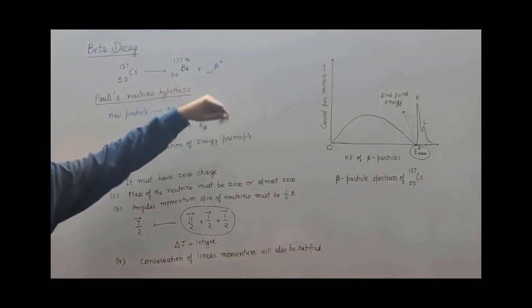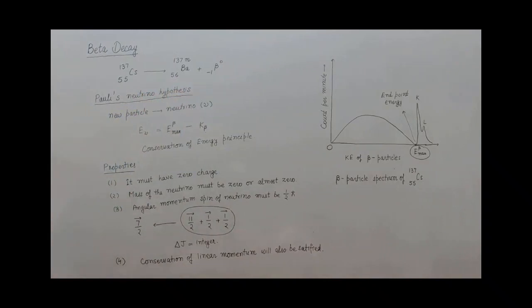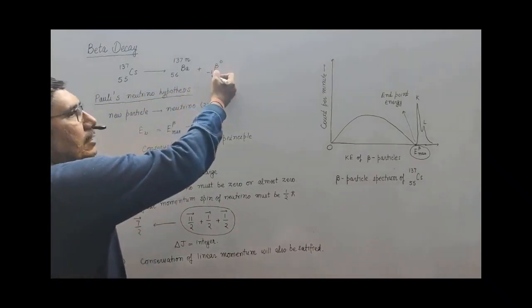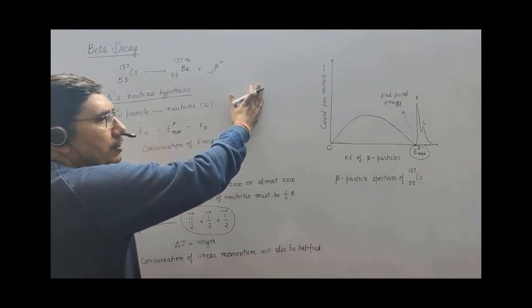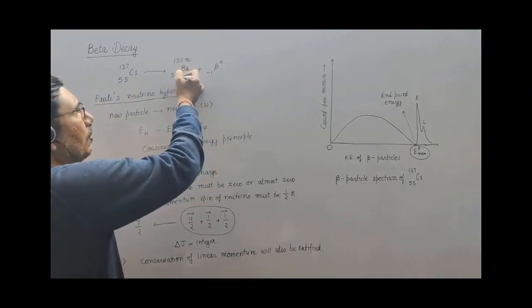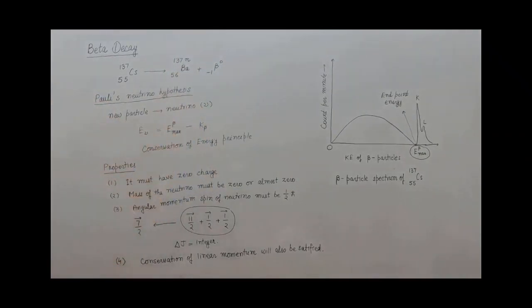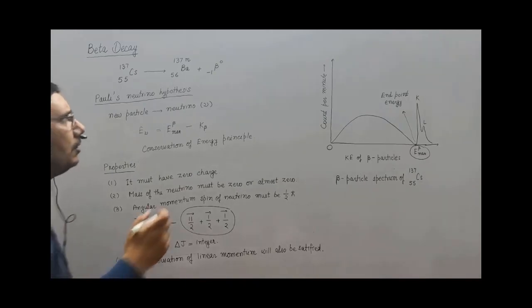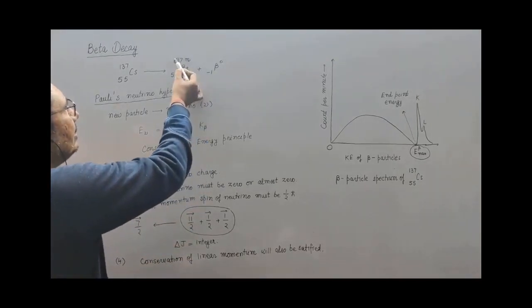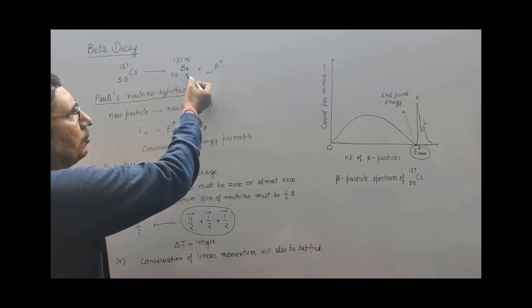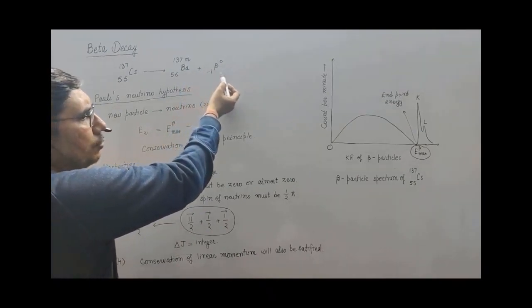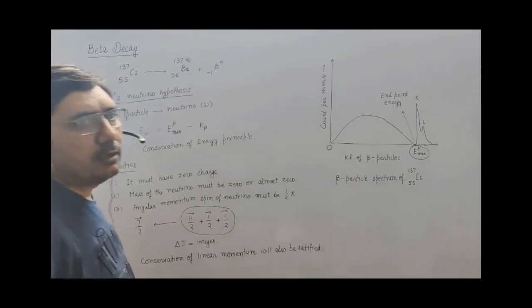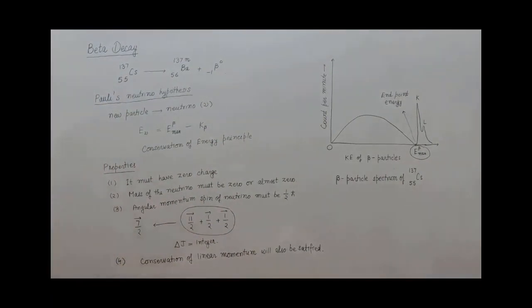Because now there will be three particles: a momentum associated with the beta particle, a momentum associated with the neutrino, and some recoil momentum. The resultant of these three momenta should be zero. So it's not necessary now that the recoil momentum of this Ba nucleus will be just opposite to the beta particle, and this is due to the presence of the neutrino.